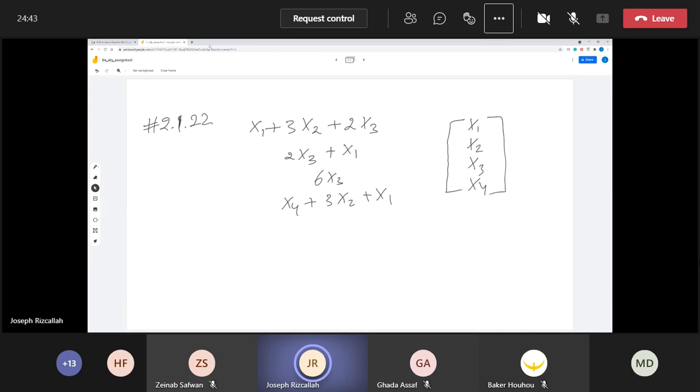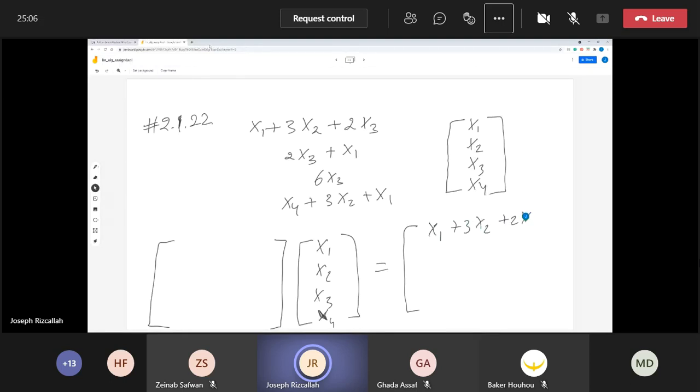I will draw it here, this matrix, such that when you multiply it by x1, x2, x3, and x4, you get back your expressions, which are x1 plus 3x2 plus 2x3, and then 2x3 plus x1, and then 6x3 and x4 plus 3x2 plus x1. Okay, so what matrix should I use here? I'm going to write the answers in red.